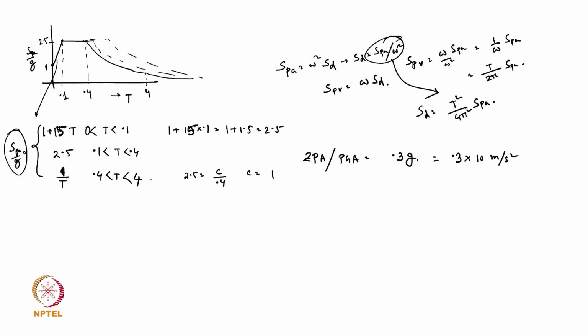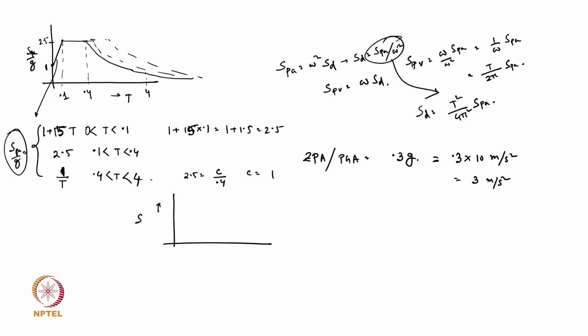Just assume G equal to 10 meter per second square. Otherwise you need to put 9.81. So that will become 3 meter per second square. So that 3 meter per second square is what? Ground acceleration. So that means now your SPA.